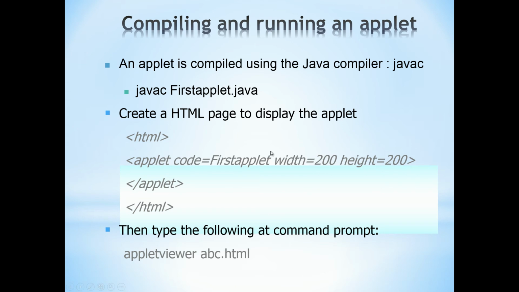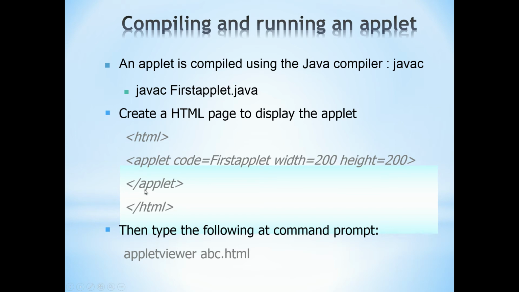Then let us take a look at how to create and execute an applet. Whenever you create a program under applet, compile that program using the program name with the extension .java. After that, create a file that contains HTML code, and this file is always saved with the .html extension: applet code, name of your program, and give the width and height.